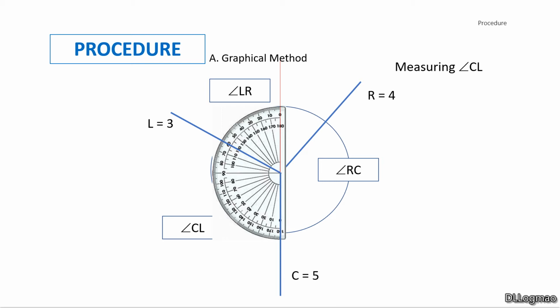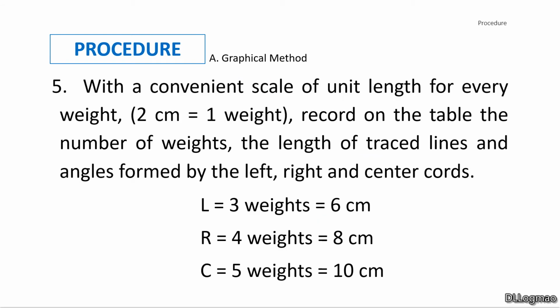After measuring all the angles between the three chords, what is the sum of all the angles between the chords? How will you check if you measured the angles correctly? With a convenient scale of unit length for every weight, 2 cm equals 1 weight.